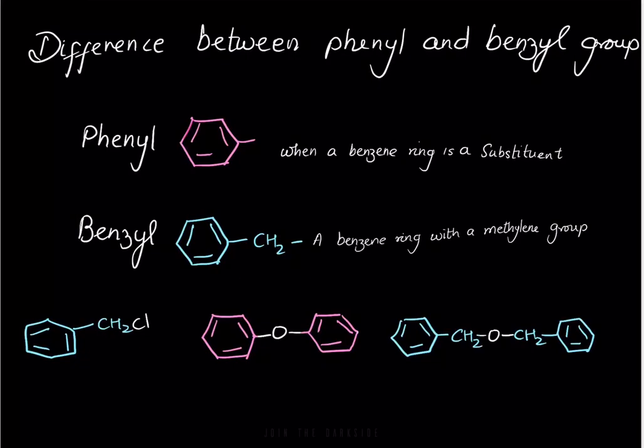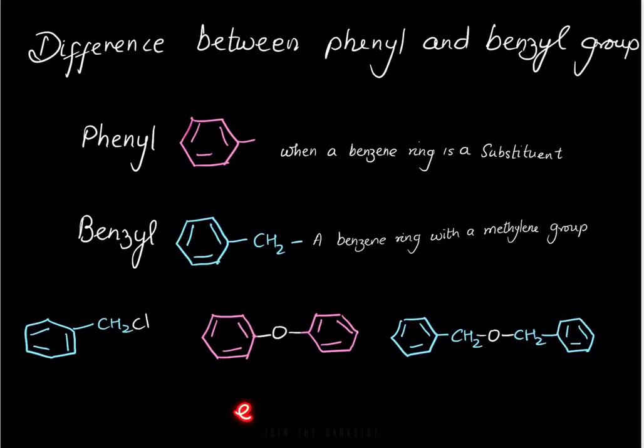Let's see how we can find the names for these compounds. This compound right here is benzyl chloride, because you can see that there is an adjacent methylene group that is attached to the benzene ring. This structure right here is actually diphenyl ether, because you don't see the methylene group on it.